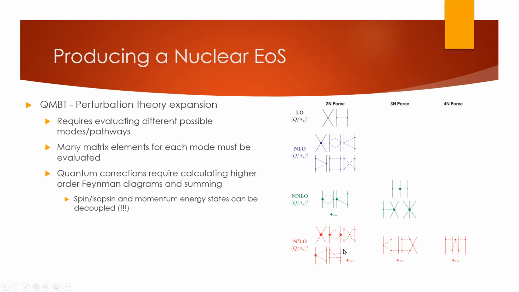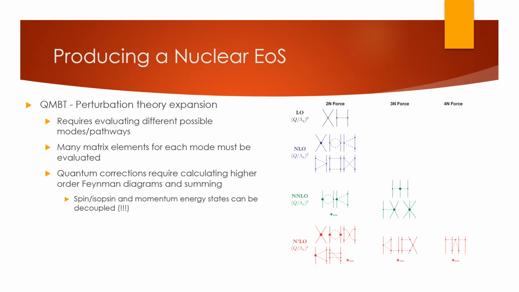The typical way of doing these sums is just doing a numerical integration for the momentum states, but throwing the summation over possible spin and isospin states into that integration as well, which multiplies the degrees of freedom and makes the integration much more complicated and take much longer.